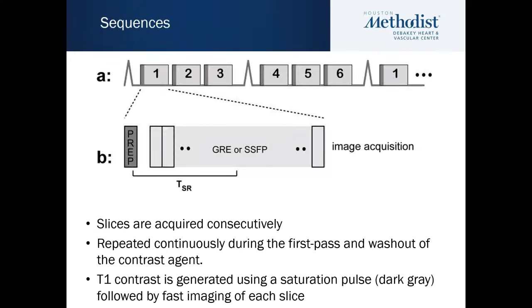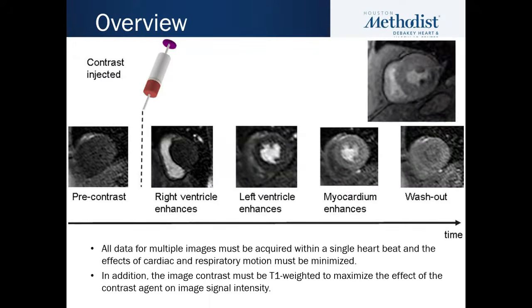When it comes to the specific parameters or the sequences that we use for this, it's generally going to be what we consider to be a fast acquisition, because you want to actually show that bolus of contrast going from the LV to the RV.